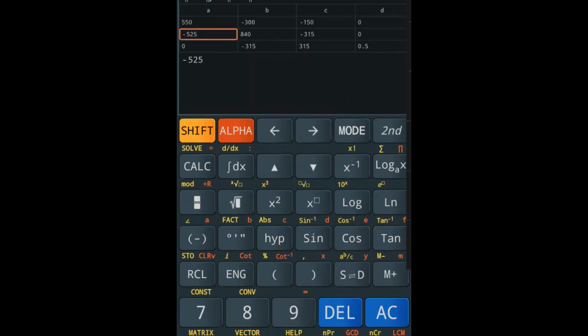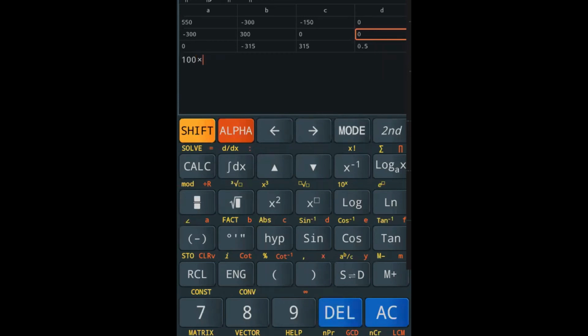Then I have minus 300, then 300, then 0 and 100 into 10 raised to power 3.